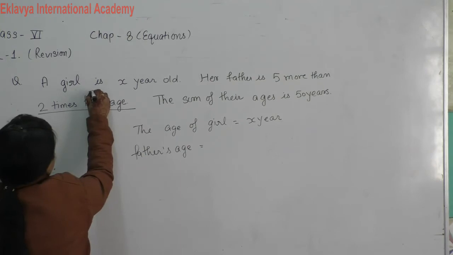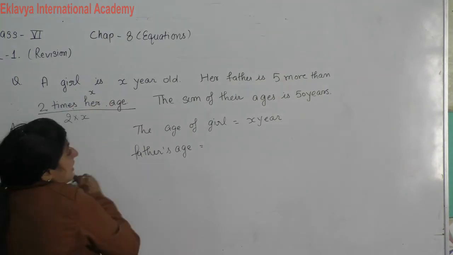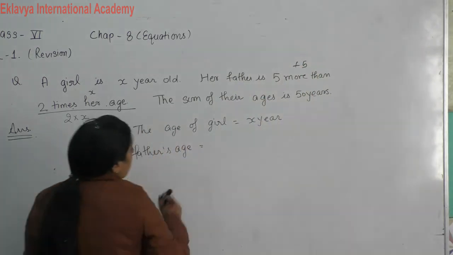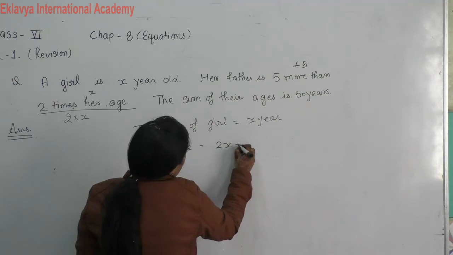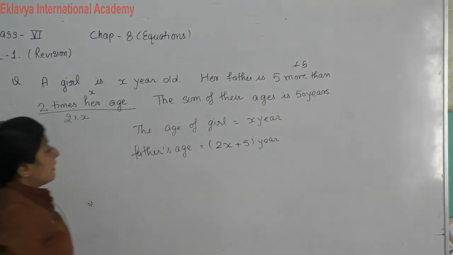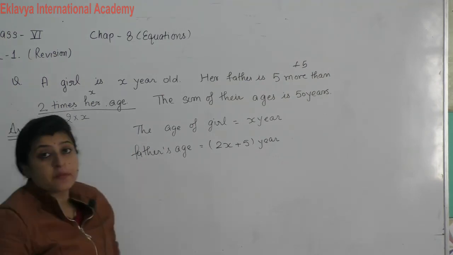Her age means x. 2 times means 2 multiplied by x. 5 more than means we will add plus 5. Then it becomes 2x plus 5 years. So, the age of the girl is x years, the father's age is 2x plus 5 years.